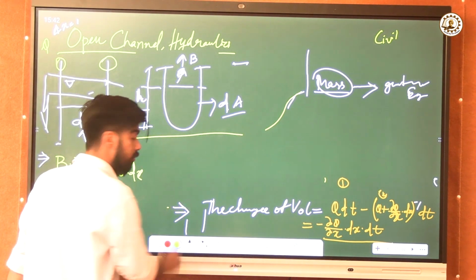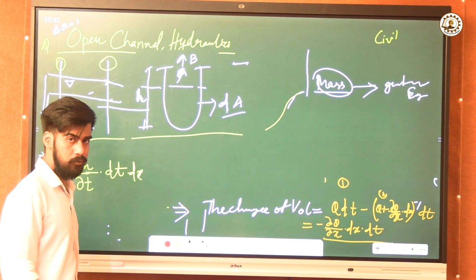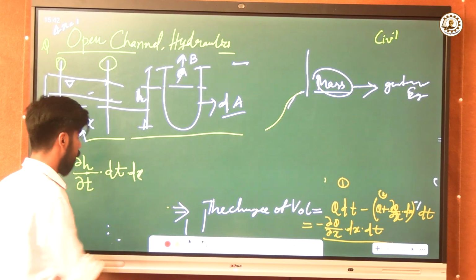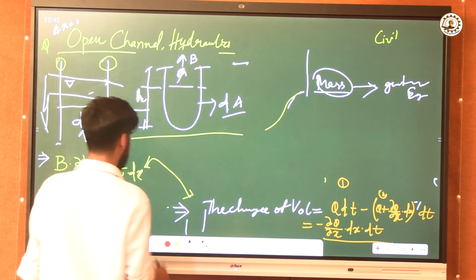So according to the conservation of mass in open channel flow, or the continuity equation, we can write that these two terms equate each other.